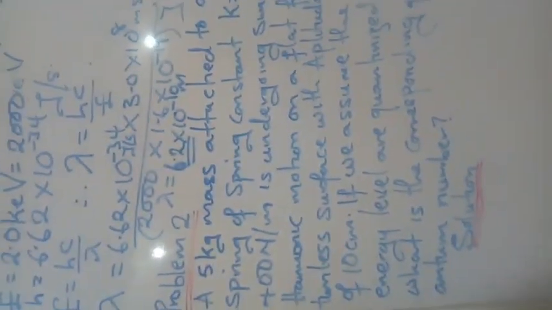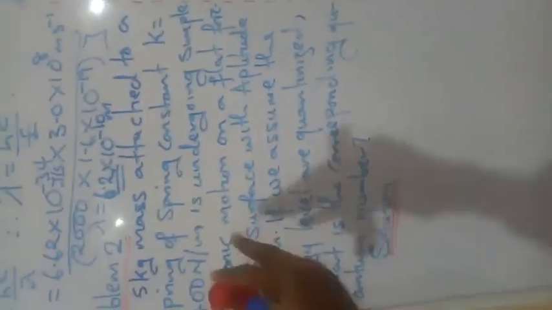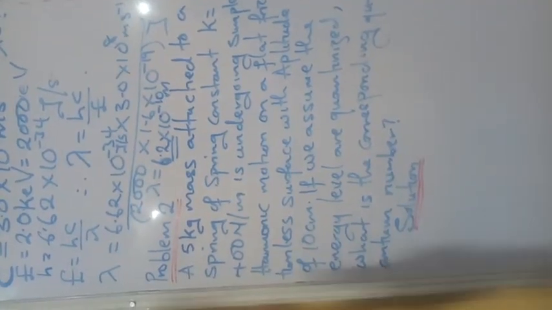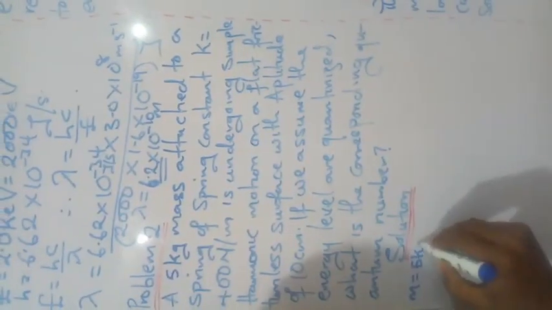Now, one basic thing about physics is you shouldn't cram, and no knowledge is lost. Every knowledge in physics is a prerequisite for other topics. Now, this topic has been relating the energy that was produced. You get that now? They said a 5 kilogram mass. So our mass here is 5 kilogram.